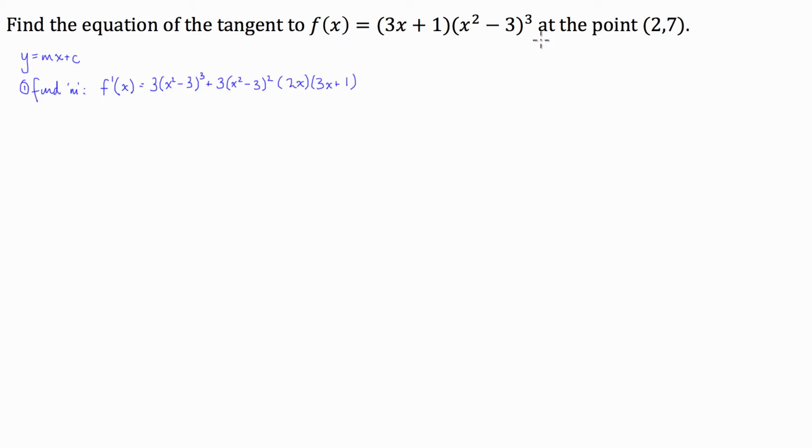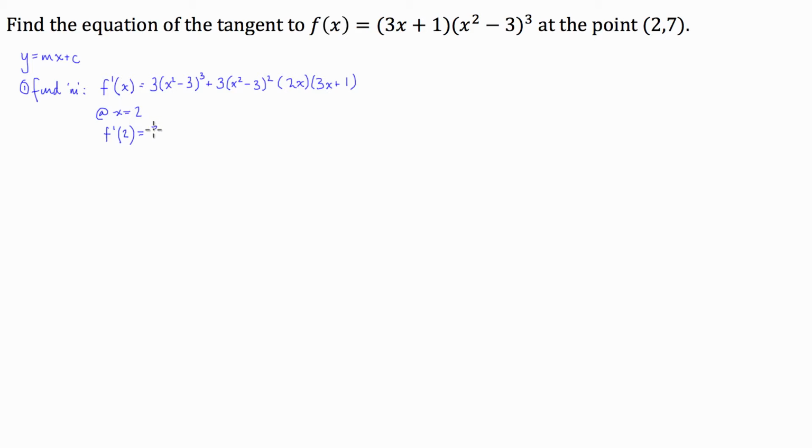Now, to find m, we need to know what the gradient is at the point x equals 2. So at x equals 2, we're going to take f prime of 2, and we're basically going to substitute 2 in.